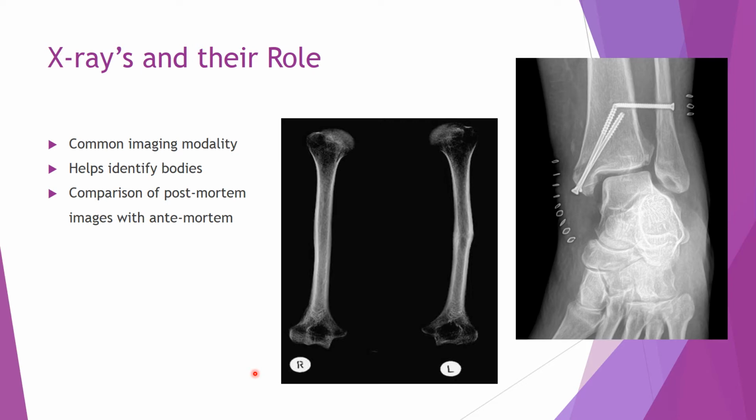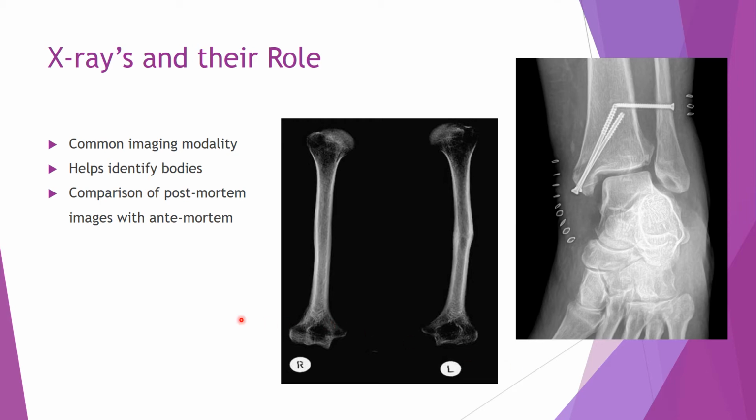If it showed up on an x-ray after, we can figure out that that's the same person. Like in this picture right here, you can see the fixation devices in this person's ankle. That would clearly happen before they were deceased. So if it came up in their post-mortem x-ray, then we can deduce it was the same person.